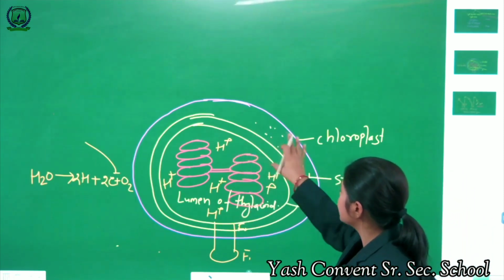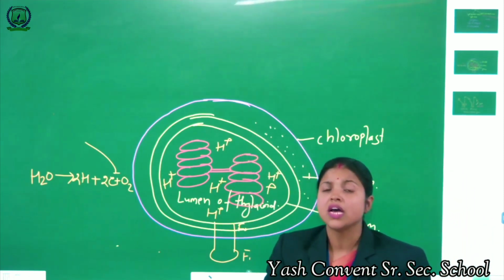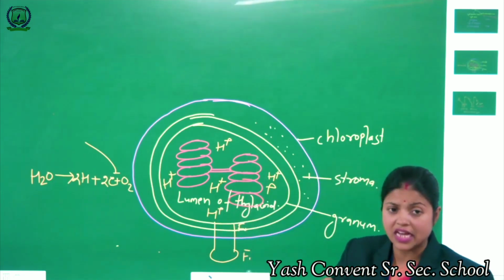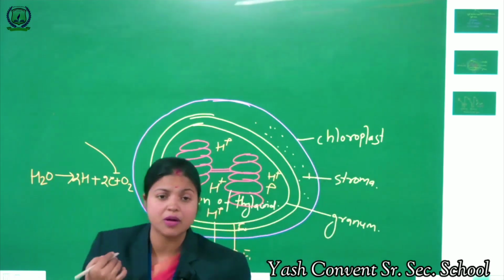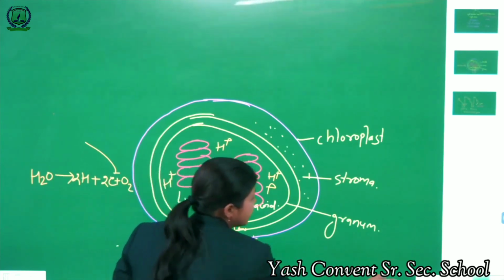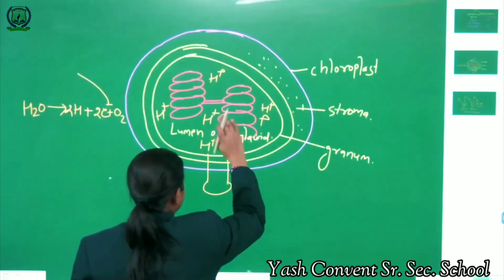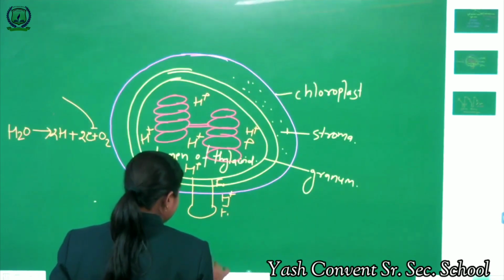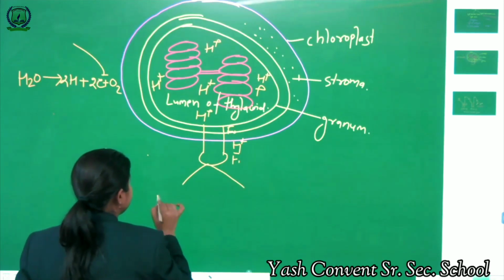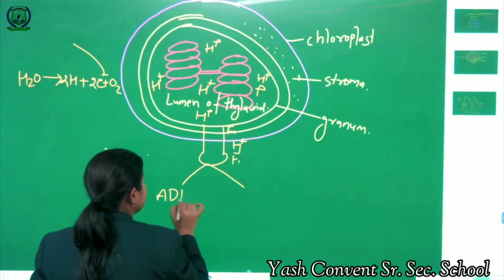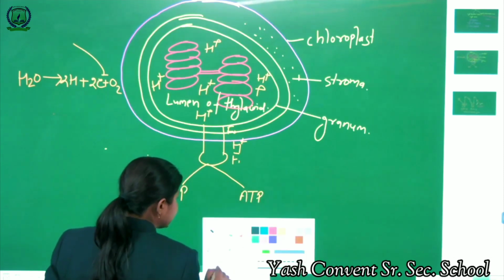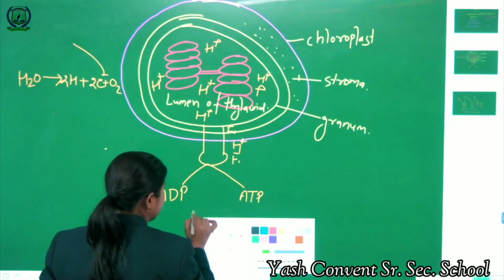In the stroma the concentration of hydrogen is low, and in the lumen of thylakoid the concentration of hydrogen is high, so hydrogen moves outward, and ADP is converted into ATP in the presence of the ATPase enzyme.